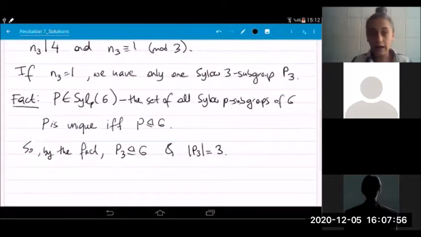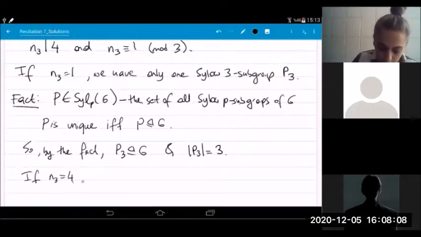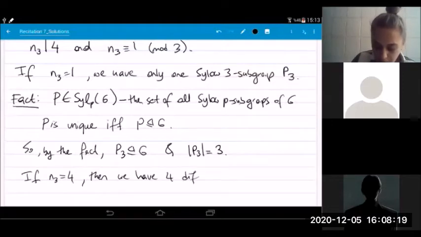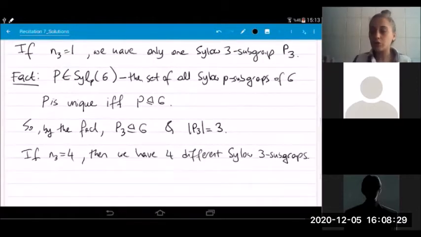What if we have 4 different Sylow 3 subgroups? Now we are evaluating the second case. If n3 is equal to 4, then what can we say about the Sylow 3 subgroups? Then we have 4 different Sylow 3 subgroups. So let us consider 2 of them.